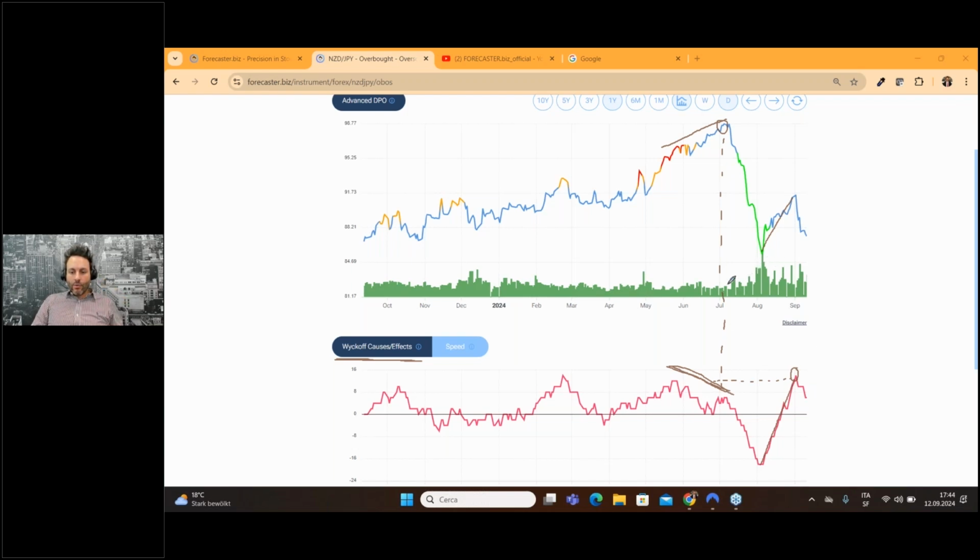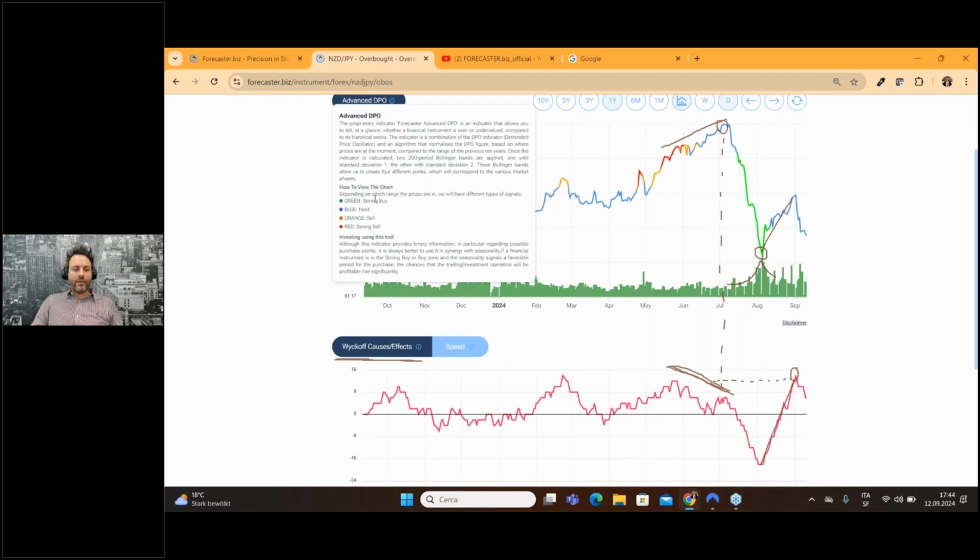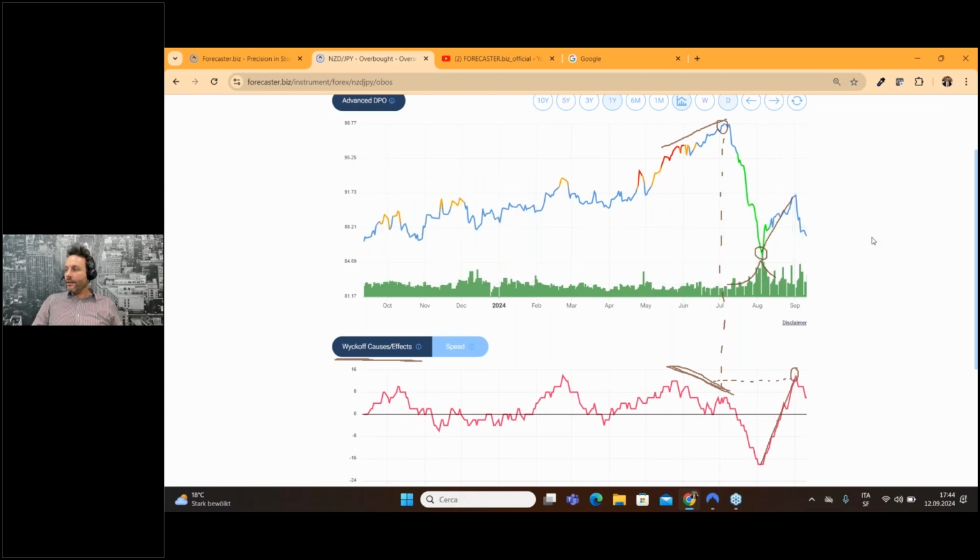And we have a spike in volume on this minimum. We have a green minimum. I invite you to read the description, for example for the advanced DPO, where you can find that green means a strong buy. And we have increased volume on all this minimum area. So in this case, we are in a very good situation for a long trade.